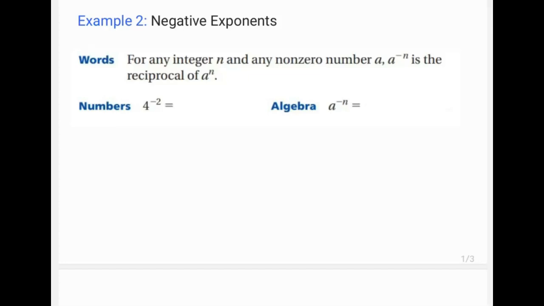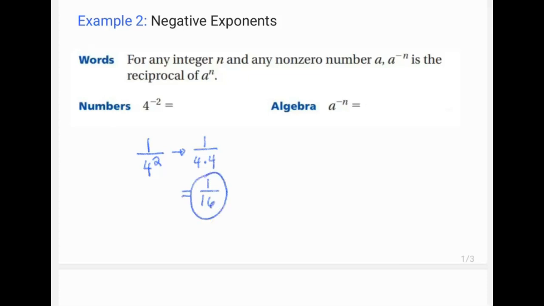When we put that into reciprocal, it will be 1 over 4 to now the positive 2 instead of a negative 2. And then we would evaluate that out, just like the previous one on the exponents. So base 4 to the second power is the same as 4 times 4, which then equals 1 over 16 as our final answer right there.